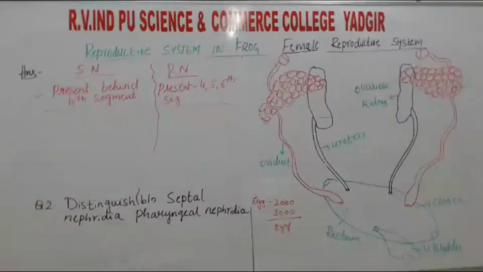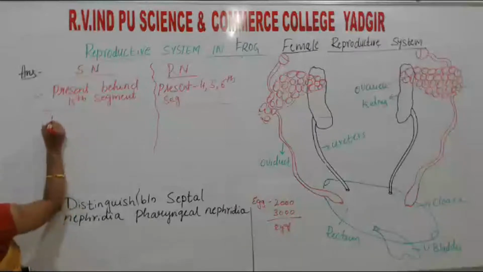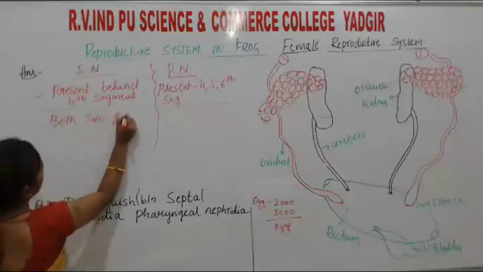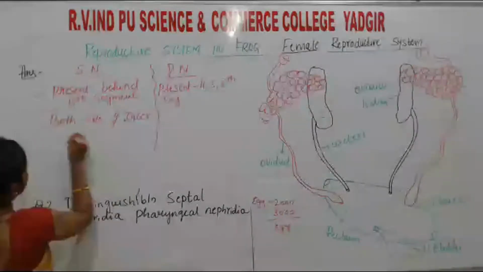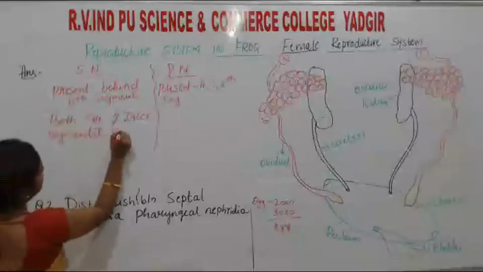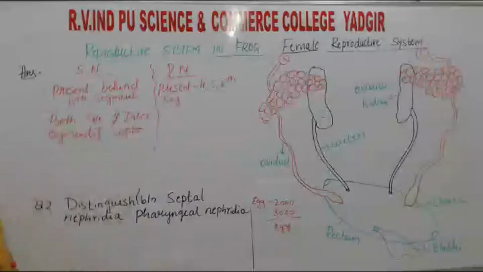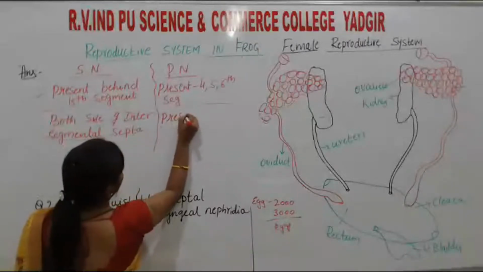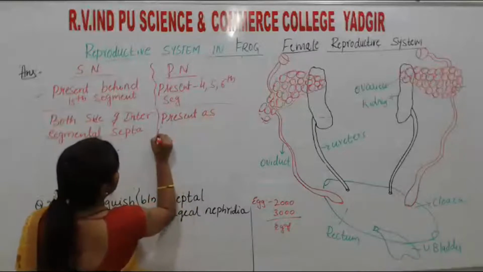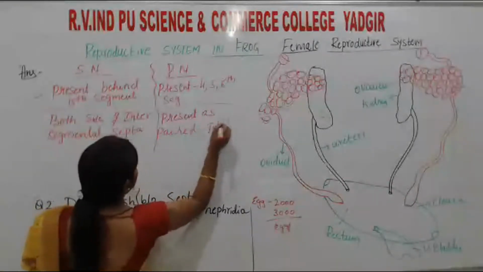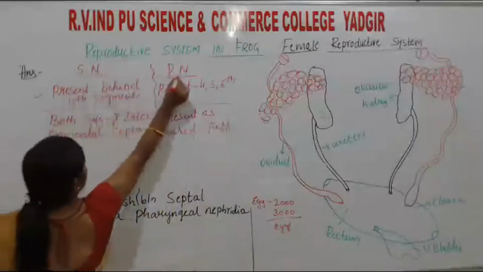Septal nephridia are present on both sides of the intersegmental septa. Pharyngeal nephridia are present as paired tufts. Okay, so these are the differences.